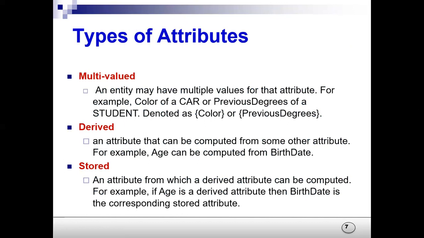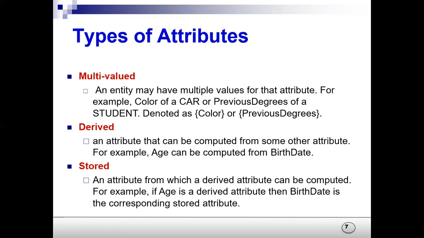Moving to the derived attribute. You have already studied C++, right? We studied about the derived class and the base class. Any attribute that you compute from another attribute is known as a derived attribute. Here I have taken an example: age. You can derive the age from a date of birth attribute.